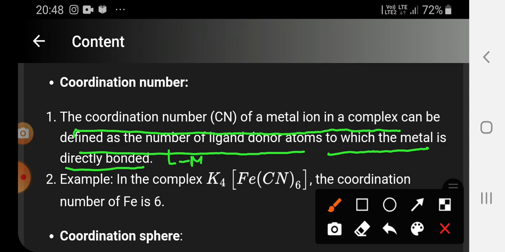In the given example, there are 6 cyanide ligands and the donor atom is only the carbon, so its coordination number is 6. And as I have stated earlier, with coordination number 6 there will be an octahedral structure.